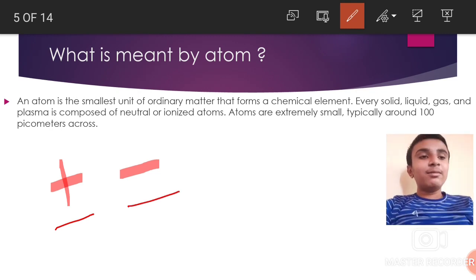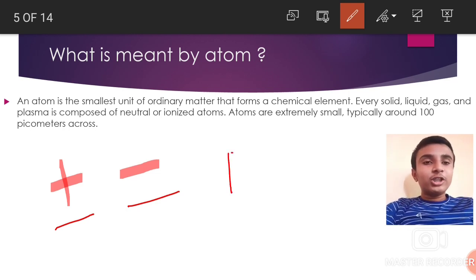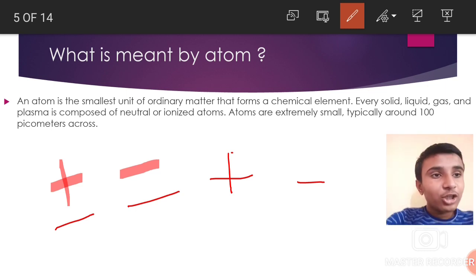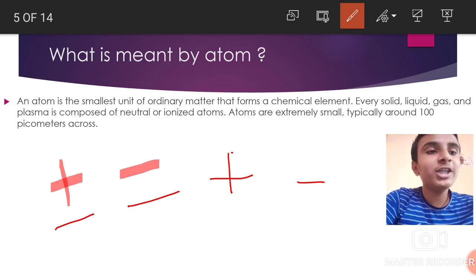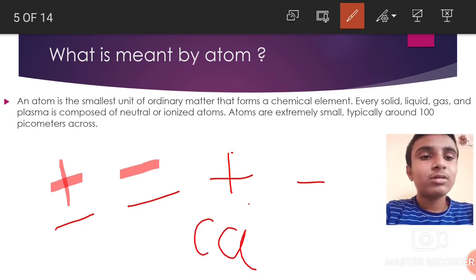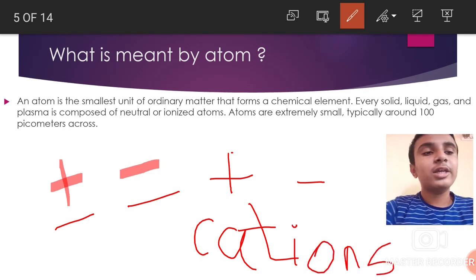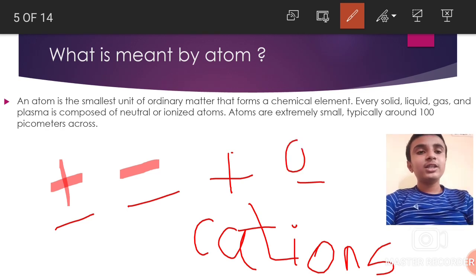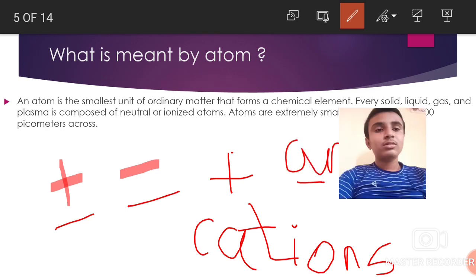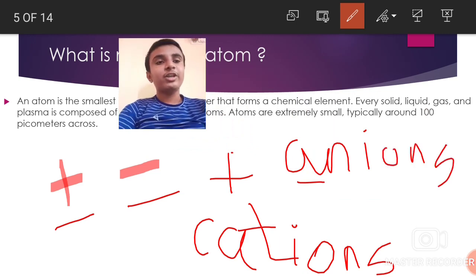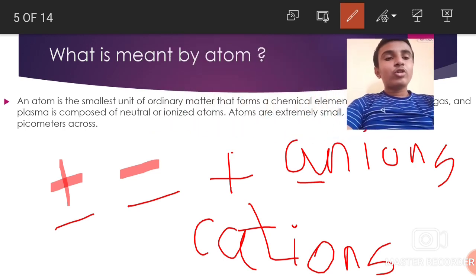And an ionized atom means it has either a positive charge or a negative charge. Positively charged ionized atoms are called cations, and negatively charged ones are called anions.